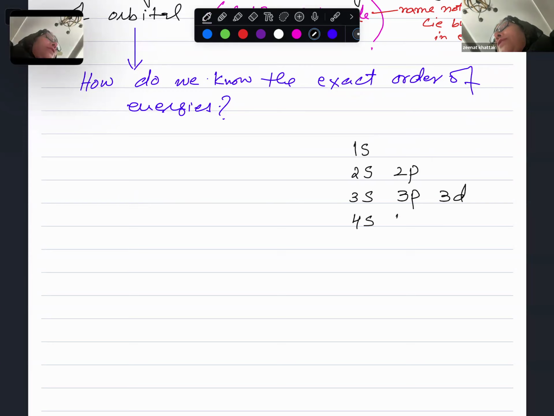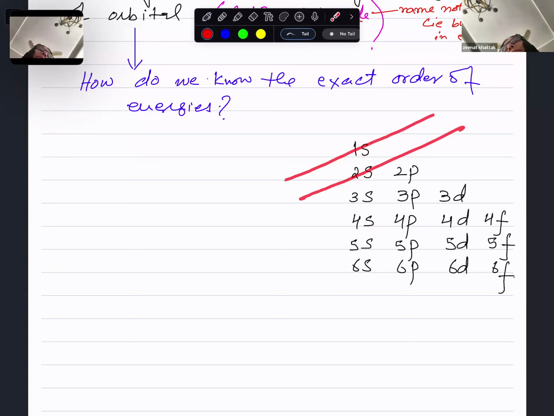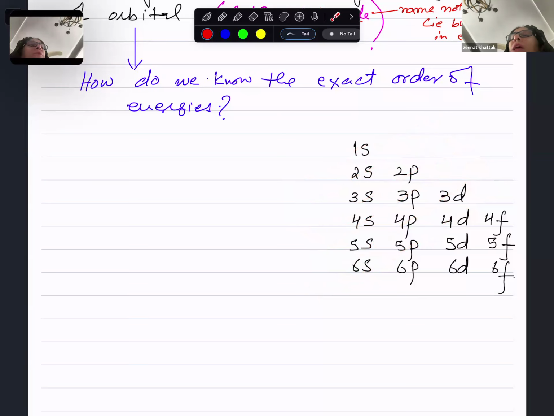Then 4s, 4p, 4d, and 4f. 5s, 5p, 5d, 5f. 6s, 6p, 6d, and 6f. Like you can go like this. Now, what we are supposed to do? I am crossing these diagonally this way. Right? Look, diagonally.